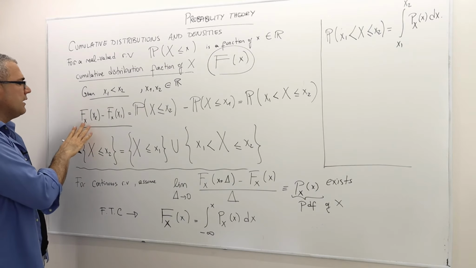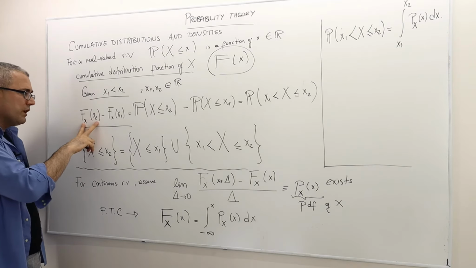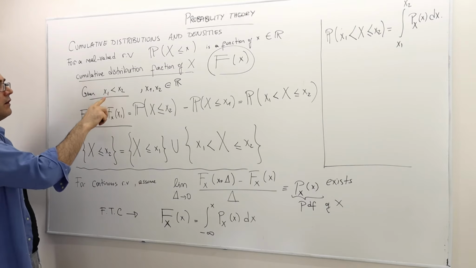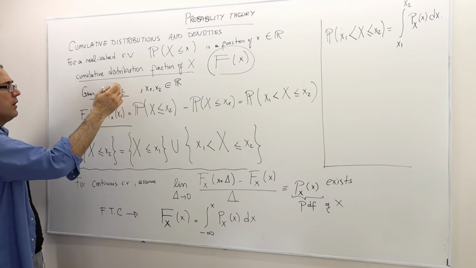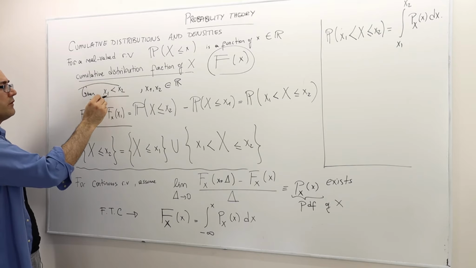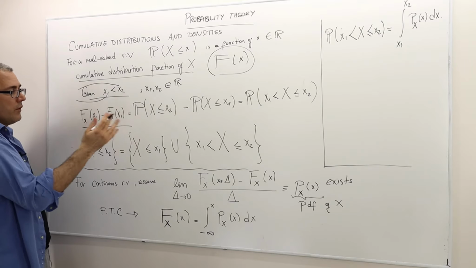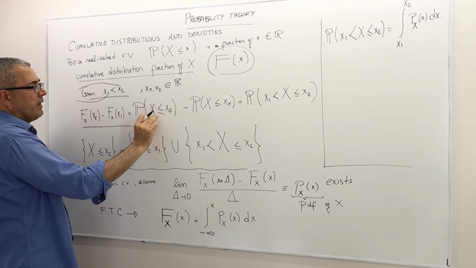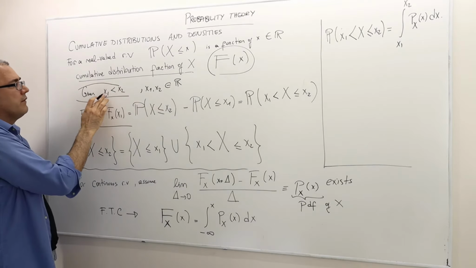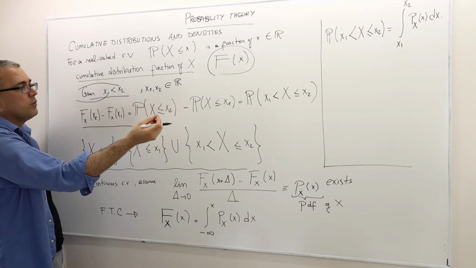It's the cumulative probability of being less than x2, remember x1 is less than x2, minus the cumulative probability of being less than x1. So it's the probability that my random variable is less than x2 minus the probability that it is less than x1. Therefore it has to be in between this range.